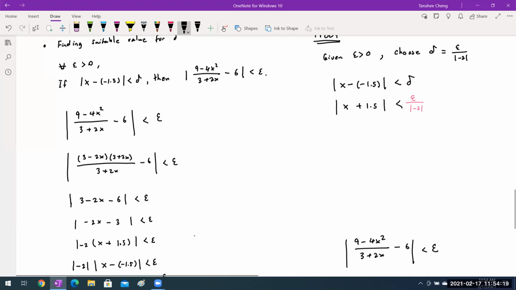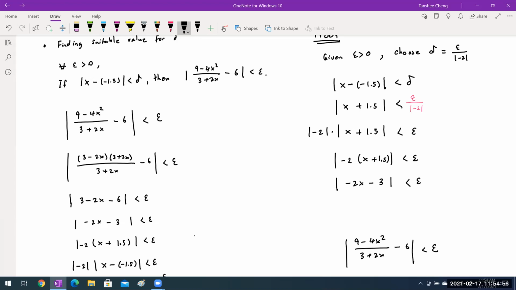Now I can just do the algebraic work by multiplying both sides by the absolute value of negative 2, which is another way of saying multiply by 2. I like to write the absolute value of negative 2 as it is so that I can continue right away. This gives us negative 2 times x plus 1.5 less than epsilon, which is negative 2x minus 3 less than epsilon.